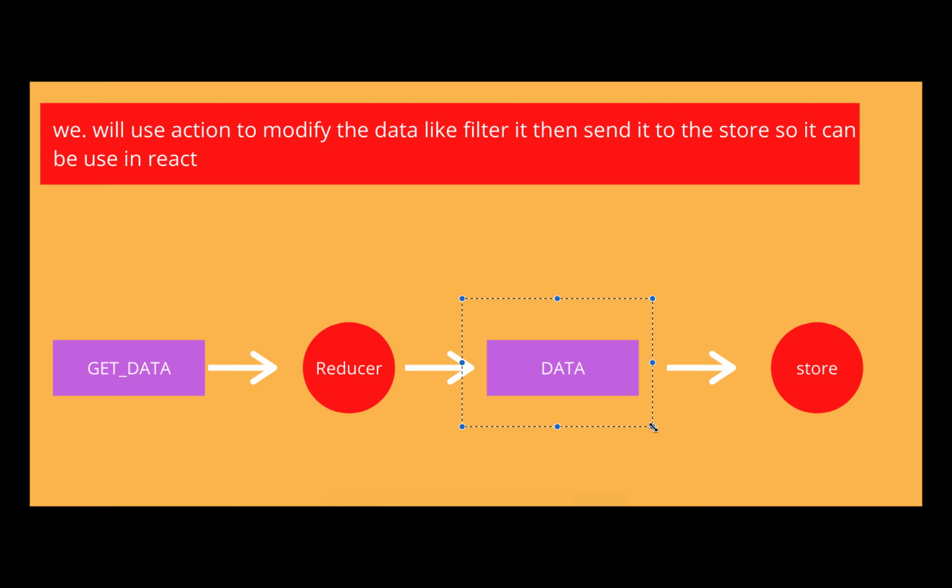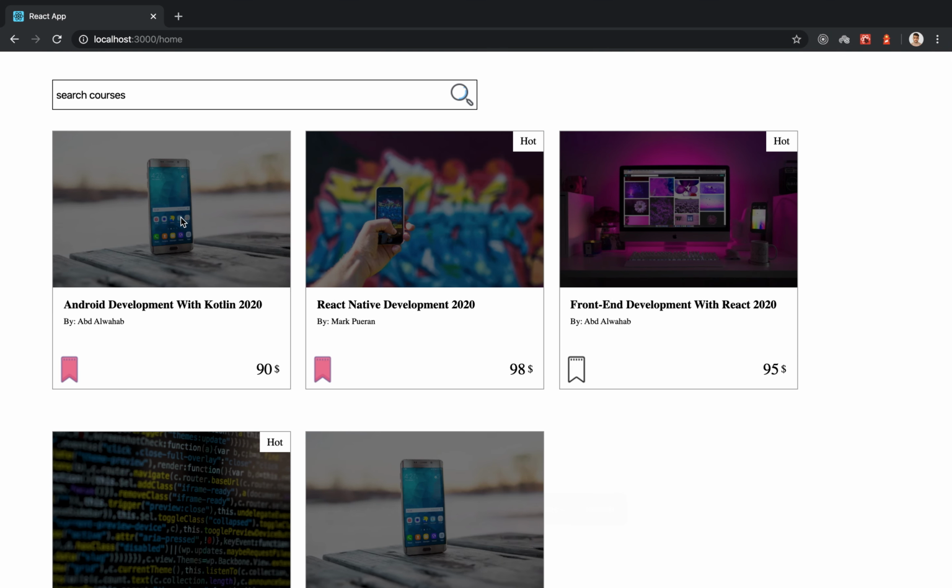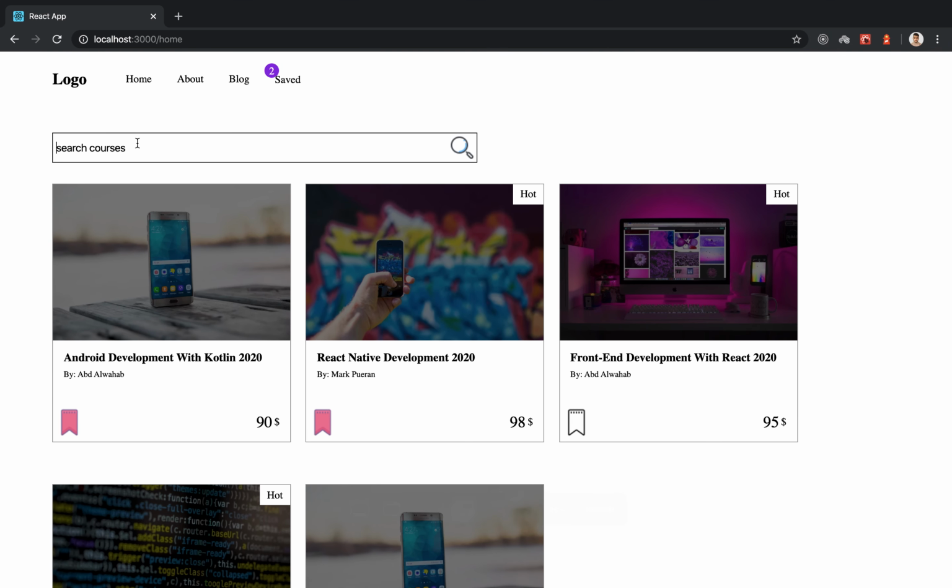This is really simple. Now the last thing that I want to show you is the store. Here is the final store. The store essentially is just a collection of reducers, because our home component needs its own reducer. Our saved component needs its own reducer, and if we have a shopping cart right here, it will need its own reducer.